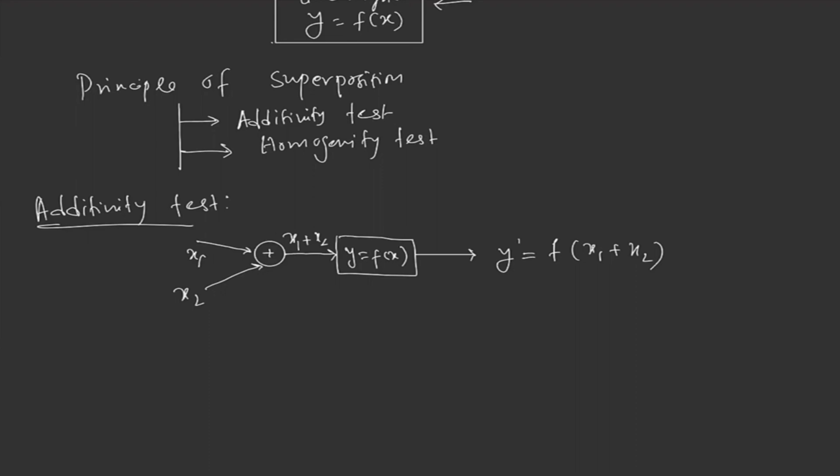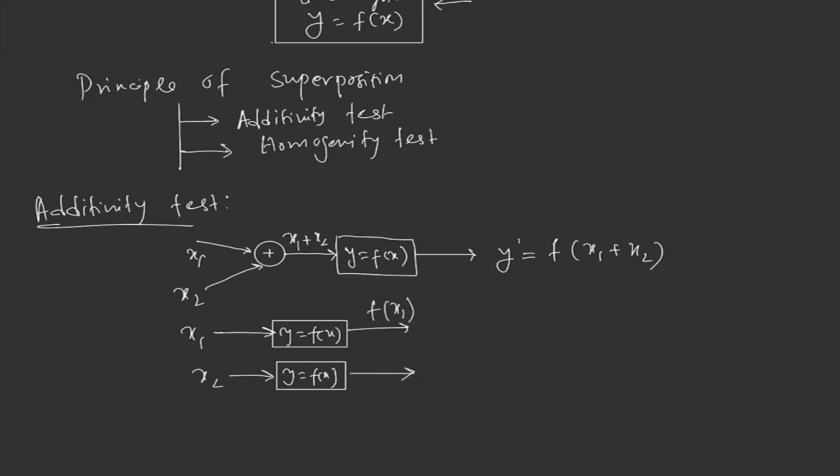But instead of this, if you apply x1 to the system y equal to f(x), and x2 we apply to the same system y equal to f(x), the output from this block we can write f(x1), and from this block we can write f(x2).